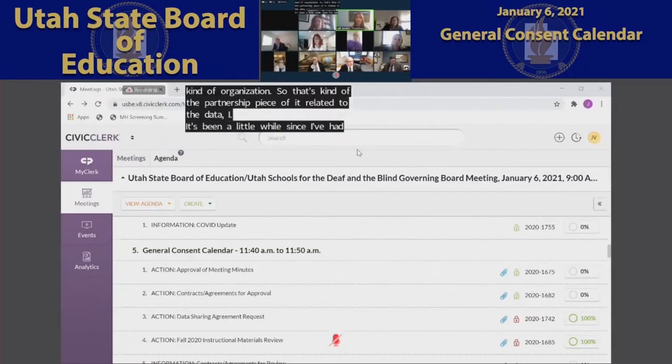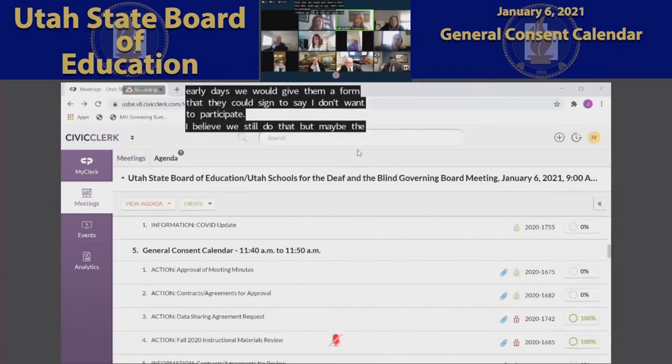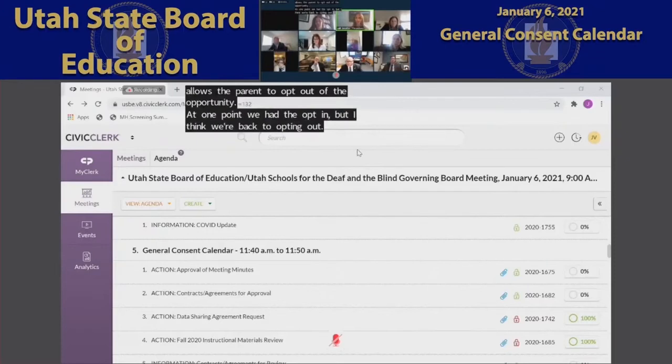At one point, we had the opt-in, but I think we're back to opting out. They are shared through the registration packet that this assessment is given, and they have the opportunity to opt out or to participate but not have their data submitted. They have some options that parents are afforded, given that they get to make that choice. And that can be confirmed in just a moment.